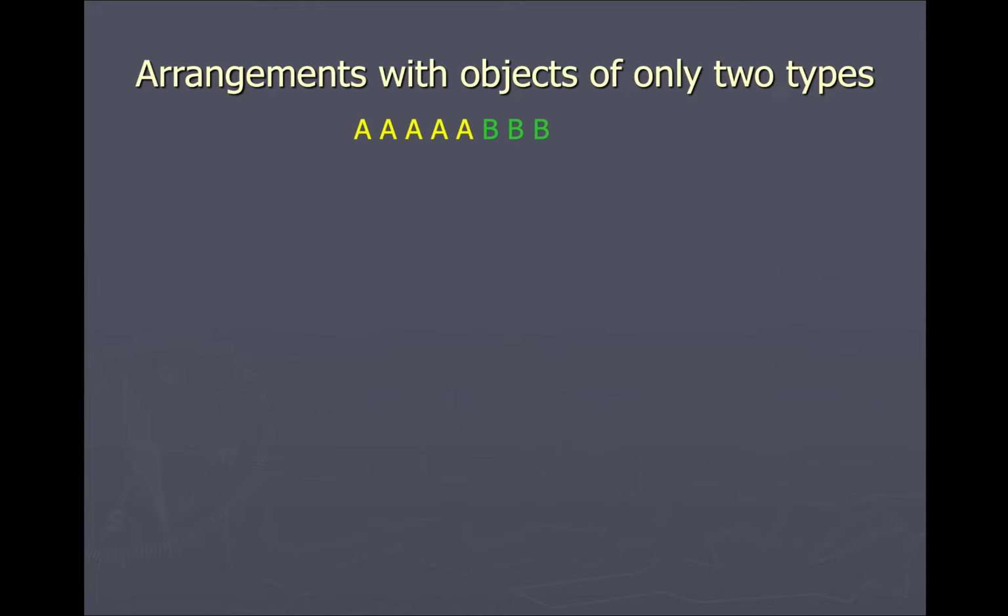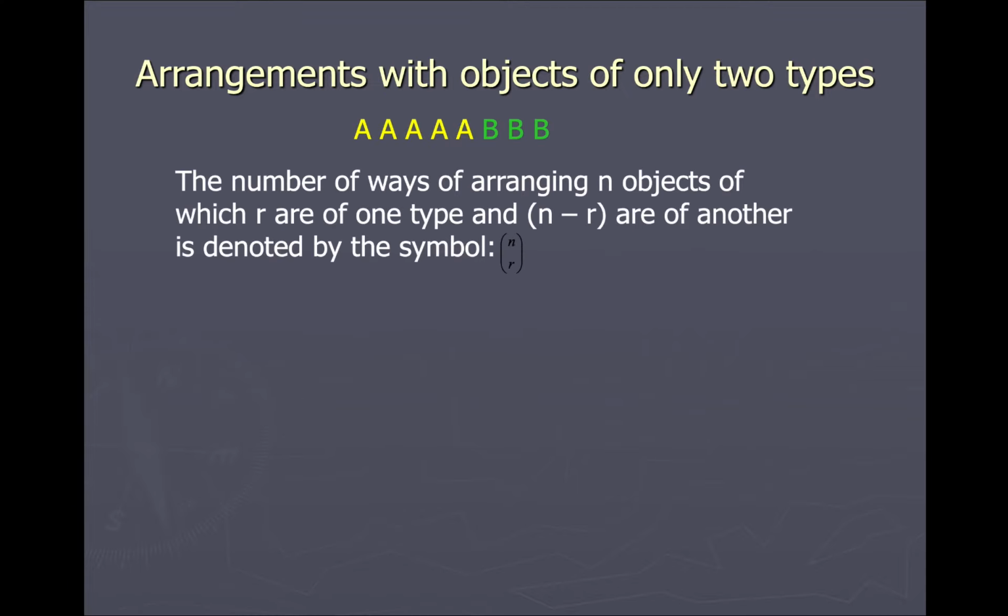Now let's consider again the 5 A's and 3 B's and put it into a more algebraic form. The number of ways of arranging n objects, of which R are of one type and n minus R of another, is denoted by the symbol n over r in brackets.